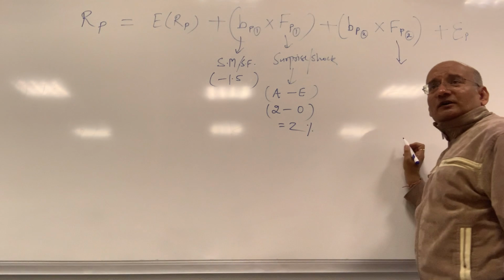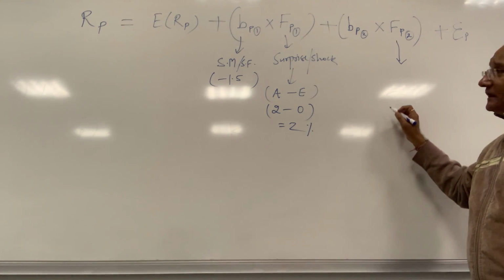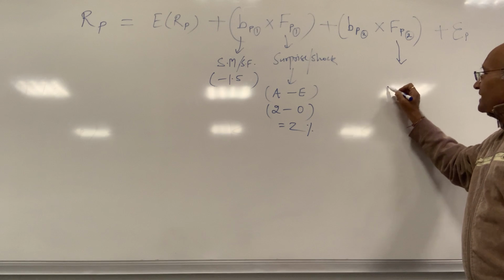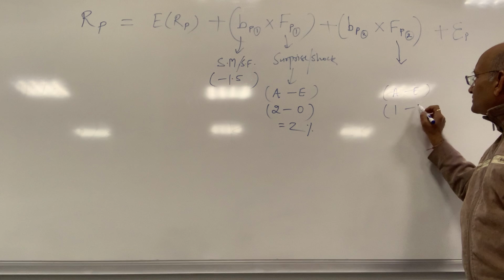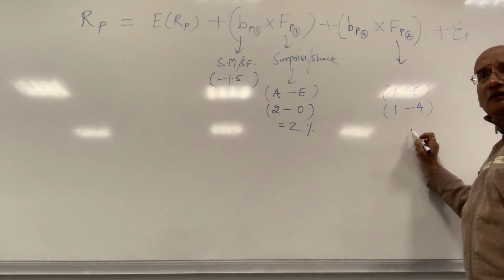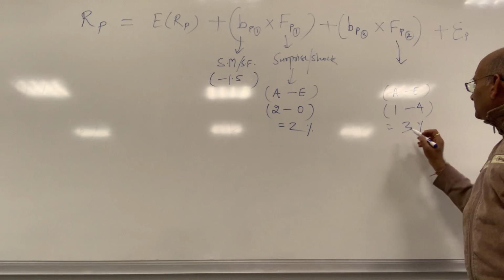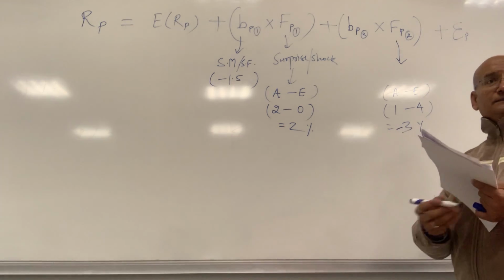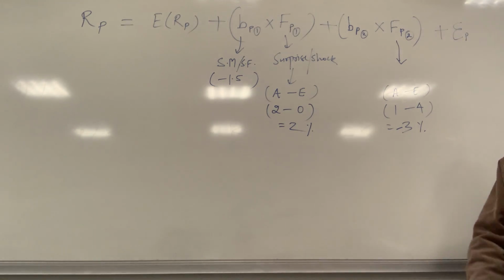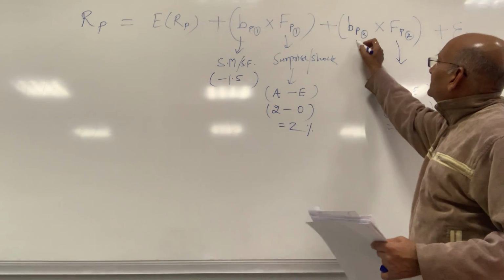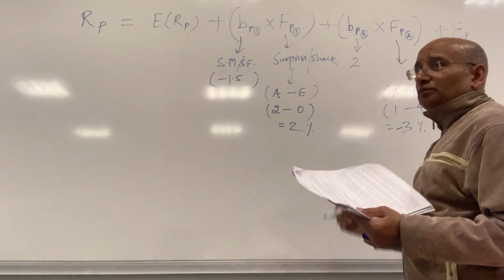This is surprise or shock number 2, GDP. Okay? So again check A minus E, actual minus expected. Actual is 1, expected was 4. So here you need to write minus 3%. Is it clear? And the sensitivity measure for GDP is given as 2.